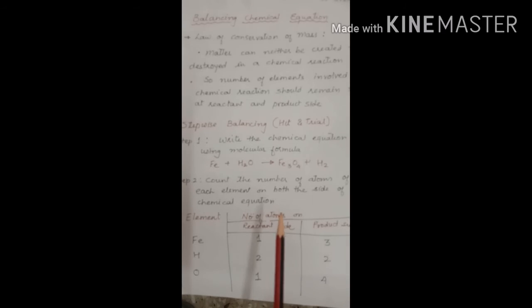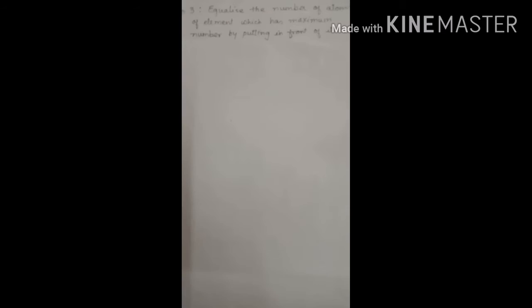Meaning Fe and oxygen are not balanced on both sides according to the law of conservation of mass. So we should know how many molecules of Fe react to form how many molecules of Fe3O4. Now the third step.